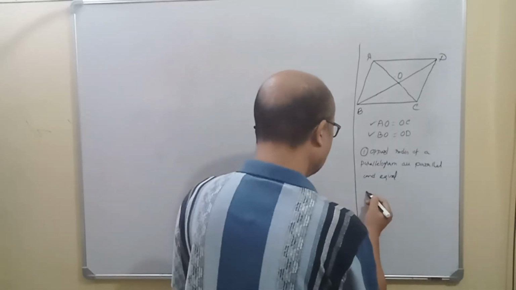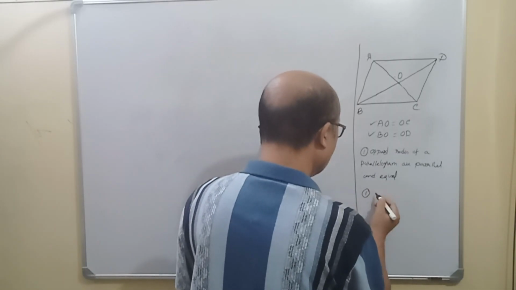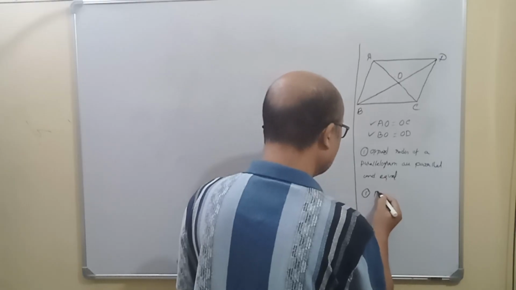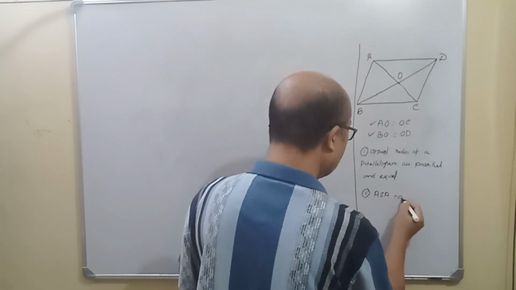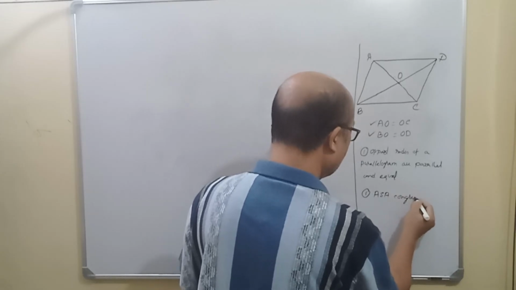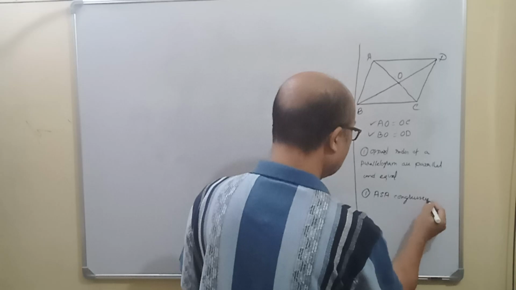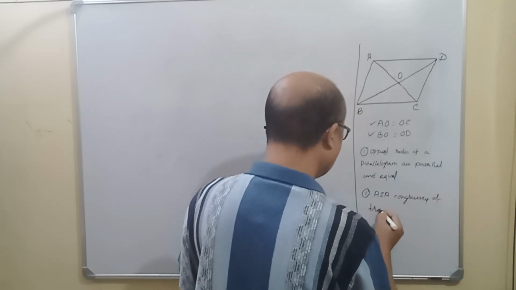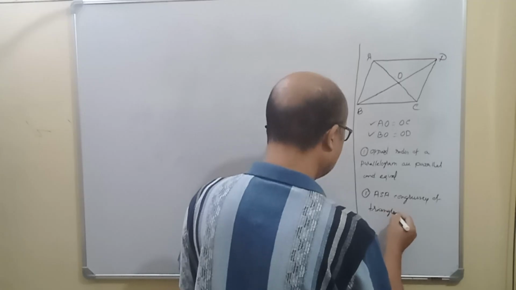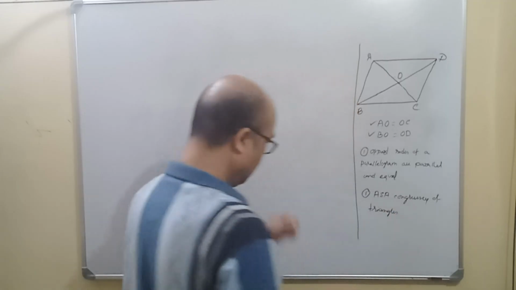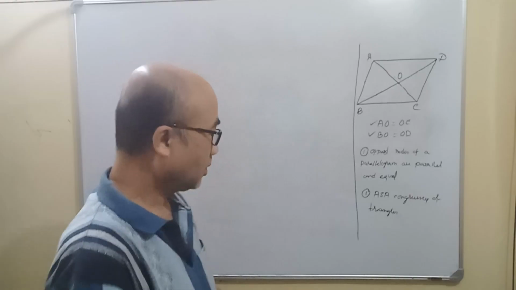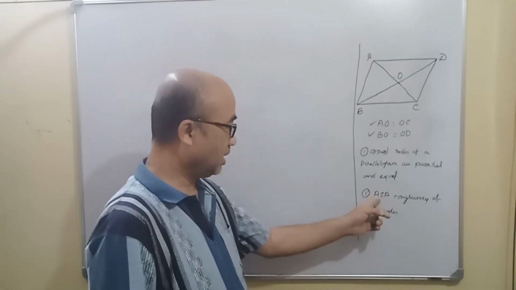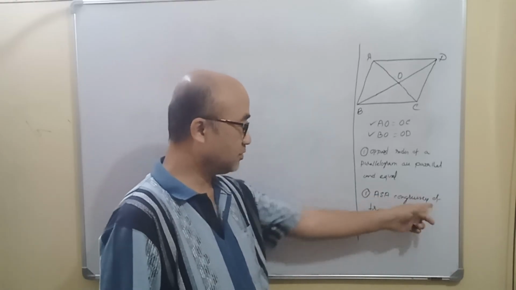And then again we will use ASA congruency of triangles. Now what is this ASA congruency of triangles?